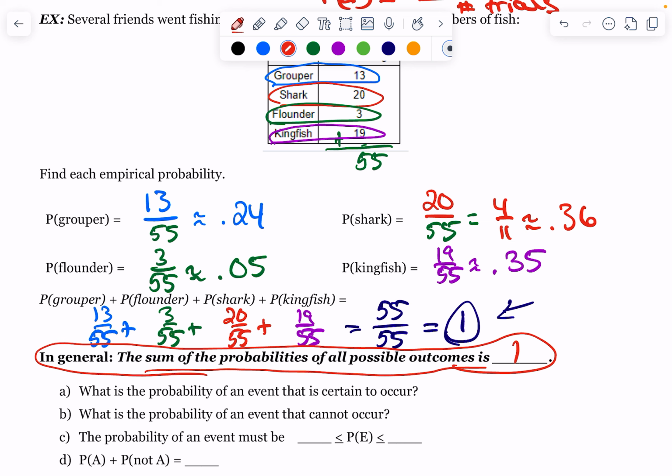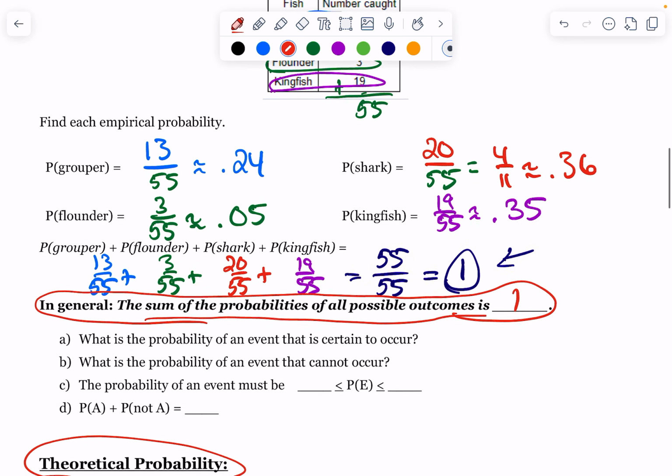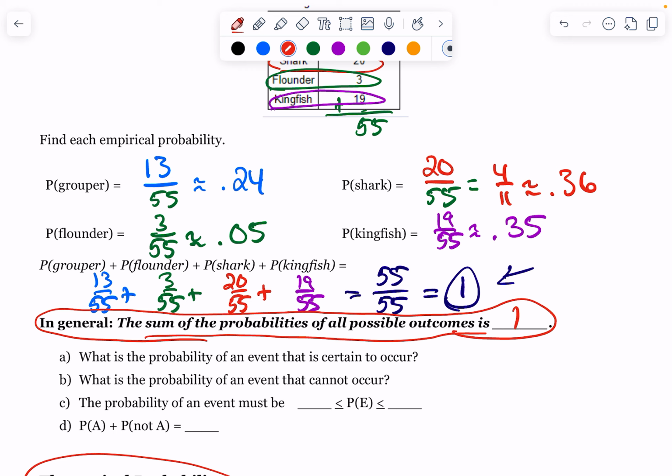Okay, next we're going to review this, which we just did on the first page. So what is the probability of an event that is certain to occur? That would be a 1. What is the probability of an event that cannot occur? That would be a 0.